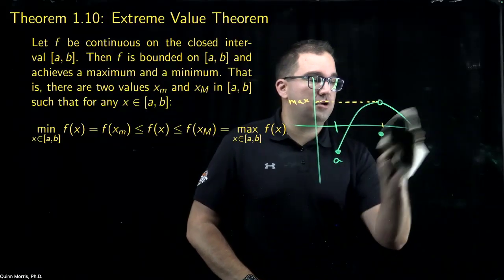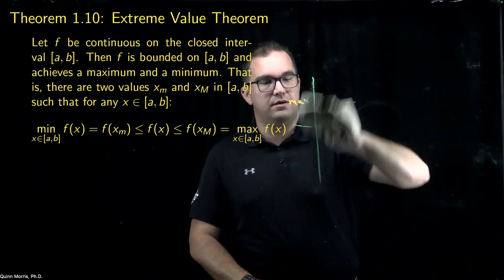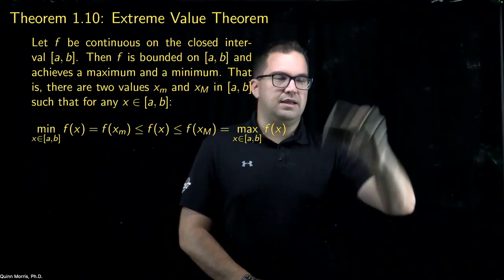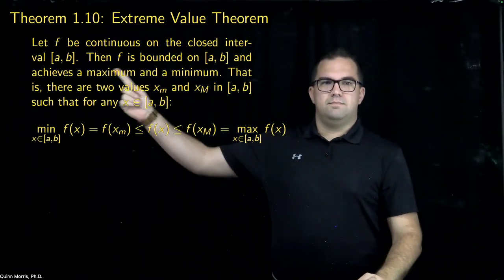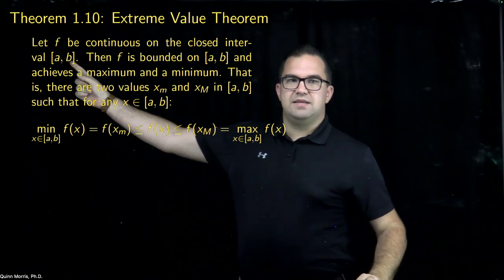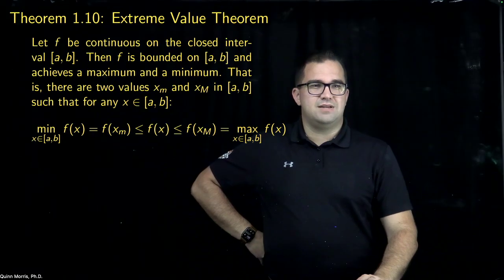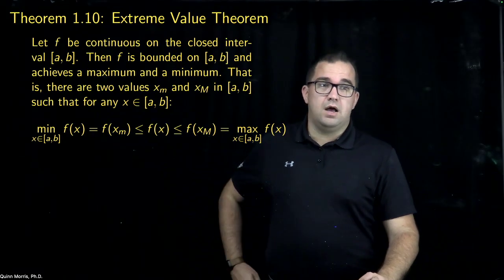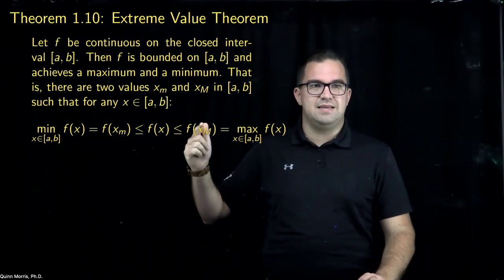Now, I will also say, and some of the problems on the first exercise set will deal with this, it's always important to go through theorems like this and think about whether it is necessary that the function be continuous on the closed interval. What if I tried to say, well, what about an open interval? What could happen then? Would this theorem still hold? The answer is no. What if I tried to change various other things in here?